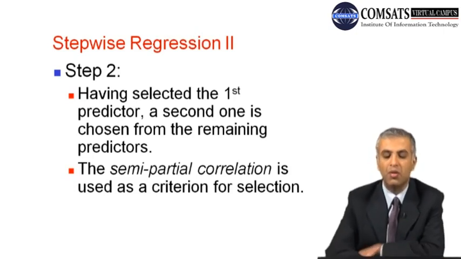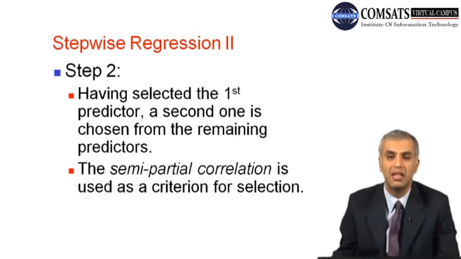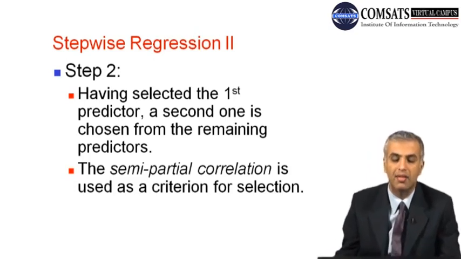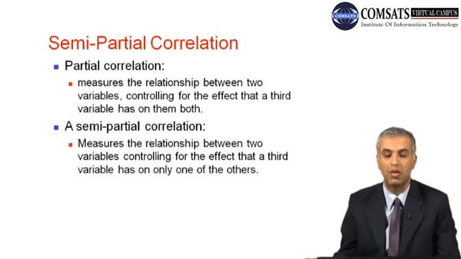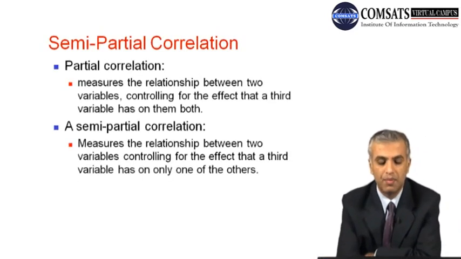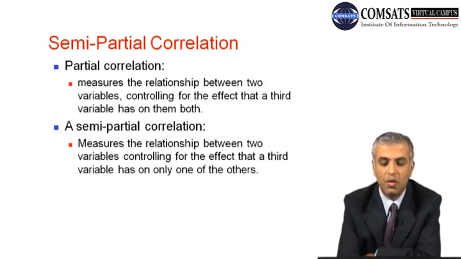Now this semi-partial correlation, though we have covered it in our previous lectures, we would just go ahead with what semi-partial correlation is. Partial correlation is basically a relationship measure between two variables while we control the effect of a third variable on both.